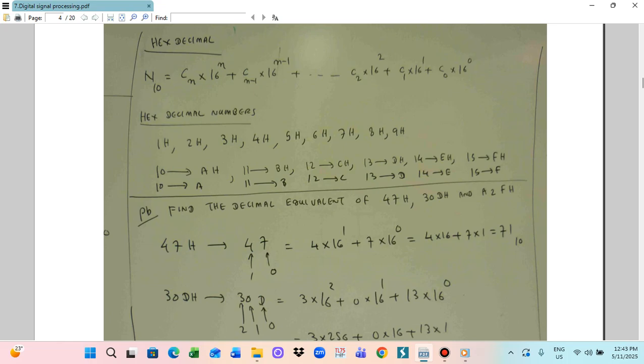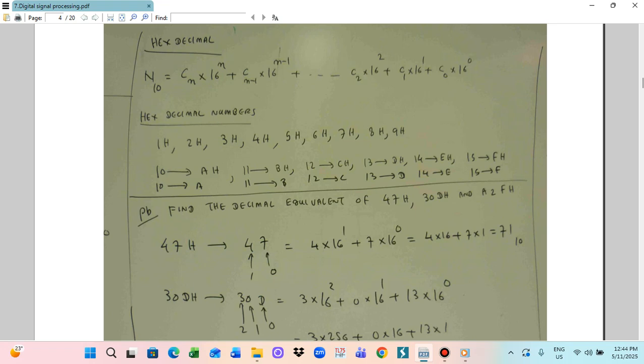Hexadecimal numbers: 1H, 2H, 3H, 4H, 5H, 6H, 7H, 8H, 9H. So this is 1 to 9.